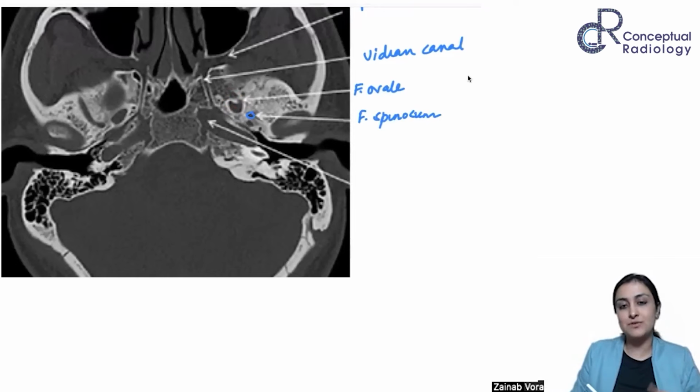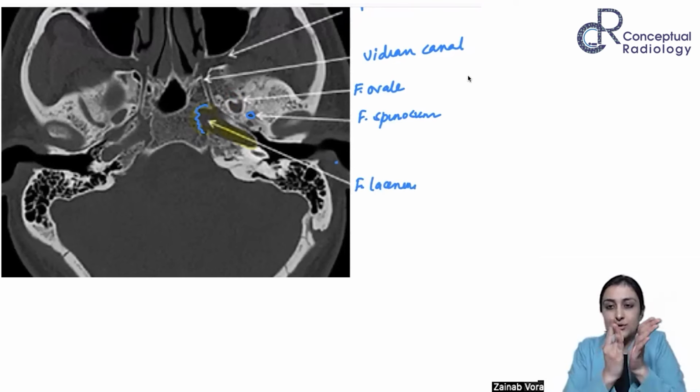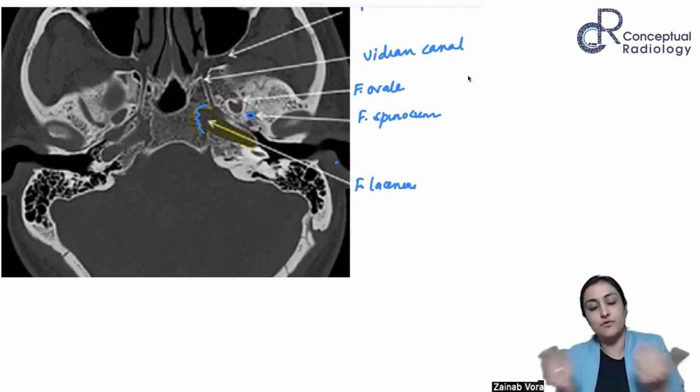So oval and spinosum are pretty easy to identify. And then what is this one now? This is a canal, right? Looks like a canal. So this is the carotid canal which opens medially into this lacerated part. So this is foramen lacerum. So carotid canal extends into the foramen lacerum. So foramen lacerum is a better answer here, right?